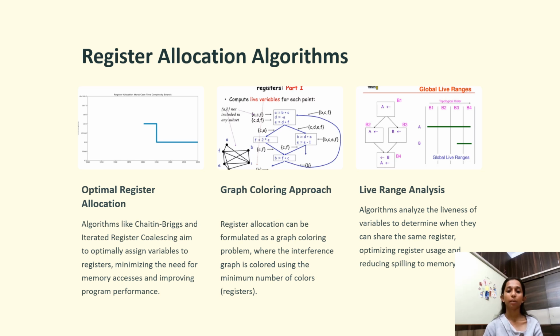Register allocation can be formulated as a graph coloring problem, where the interference graph is colored using the minimum number of colors or registers. The third algorithm is live range analysis. Algorithms analyze the liveness of variables to determine when they can share the same register, optimizing register use and reducing spilling to memory.